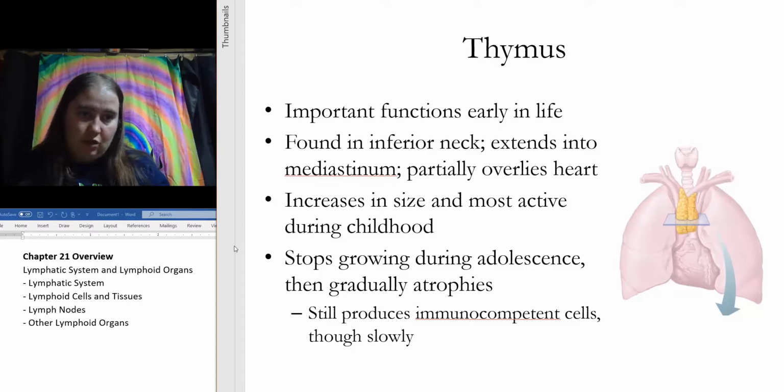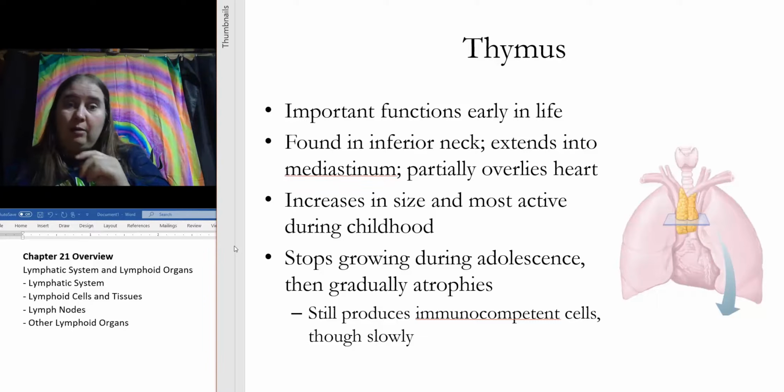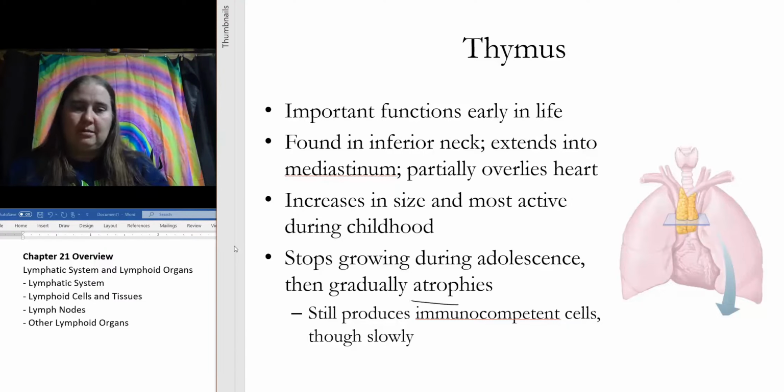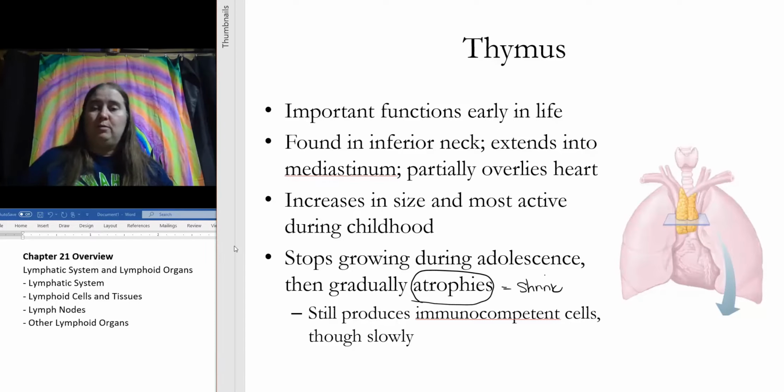Okay, it actually overlays on top of the pericardium of the heart. However, as we age, this will begin to atrophy, okay? And what atrophy means, if you guys don't know, is it essentially starts to shrink, okay? So by the time we're adults, it is a super, super small structure, okay?